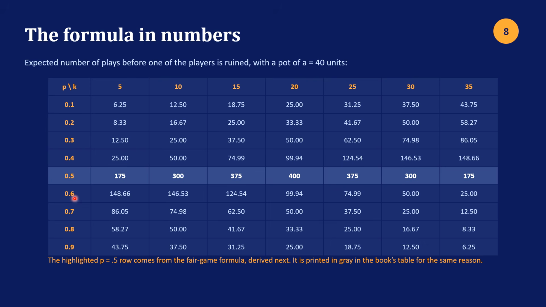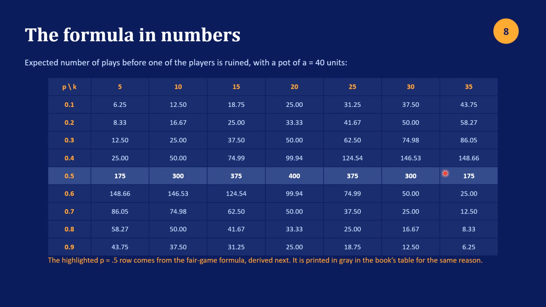So that's why you have this 148.66 at the beginning, because it's A that has the higher probability of winning, and it's A that has a smaller number of chips, so it takes longer to eventually win against B in that case. And then the numbers go down because A is getting more and more chips, and it has a higher probability of winning.